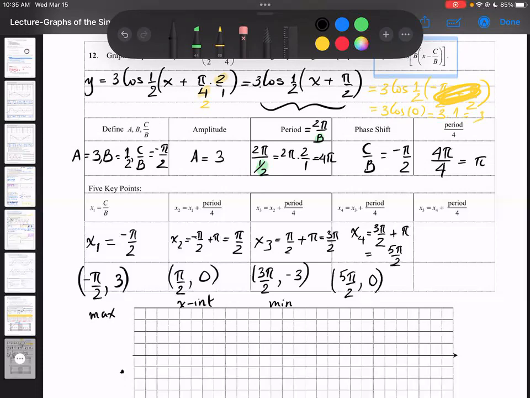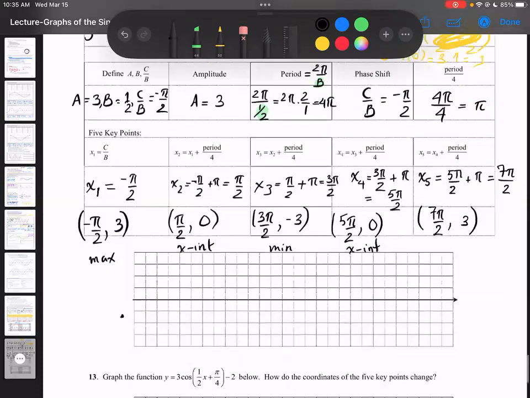And last is x5 equals x4, which is 5 pi over 2, plus pi, which is 7 pi over 2. The x-intercept is going to go back to the maximum. So 7 pi over 2. The maximum is 3. It cannot be more than 3. So those are your points.